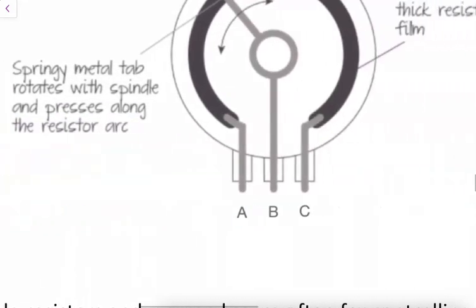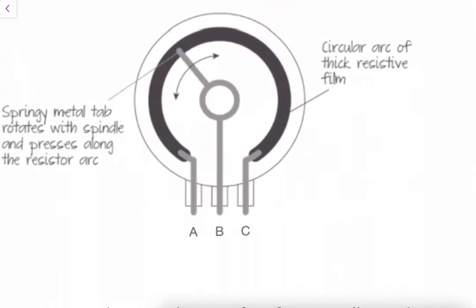The 3 terminals are connected to the outsides of this resistive film, so all of this is like one big resistor. But we have the ability for a wire to touch this point, and what it does is create a junction right here, because this wire will come down here and connect to point B.